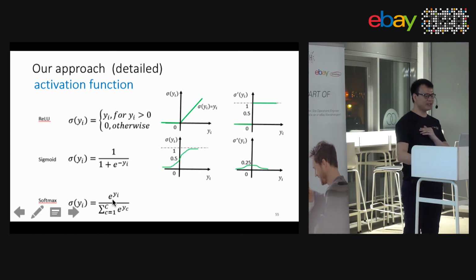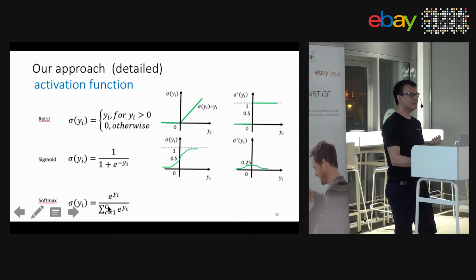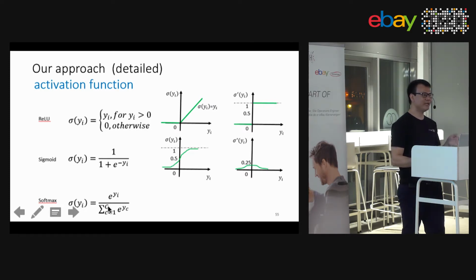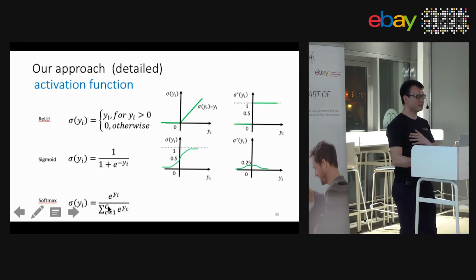How to understand it? We simply regard this part. The capital C is the number of classes. In our previous example, we have two classes, male and female. In our real application, we have three classes, three types of activities. So this is the meaning of capital C, the number of classes. This part is nothing but a normalization.